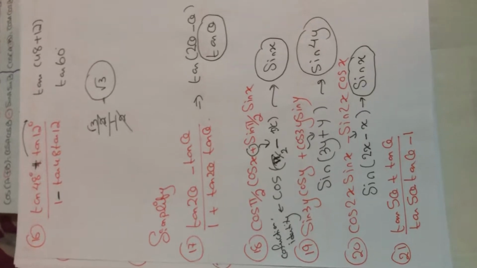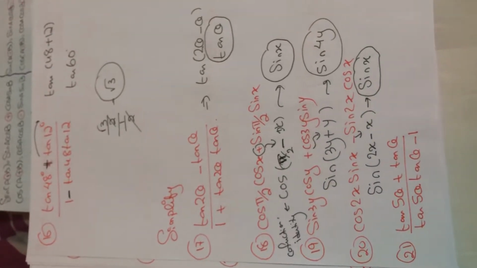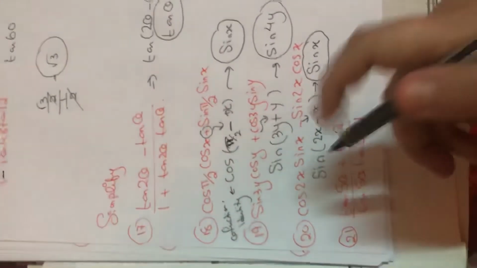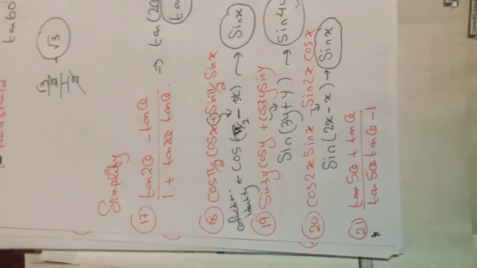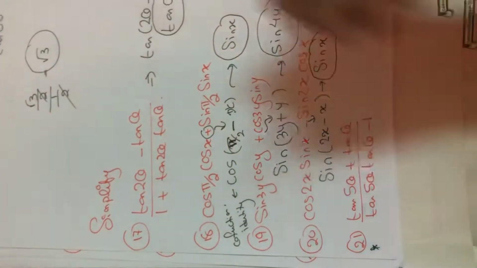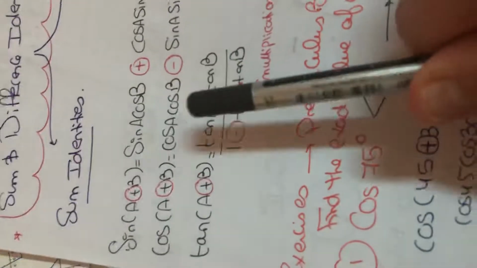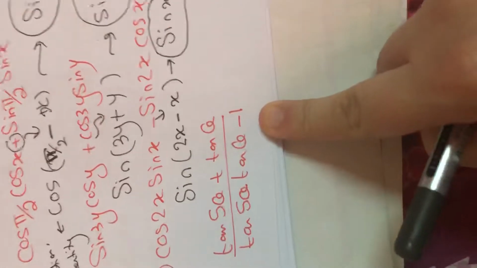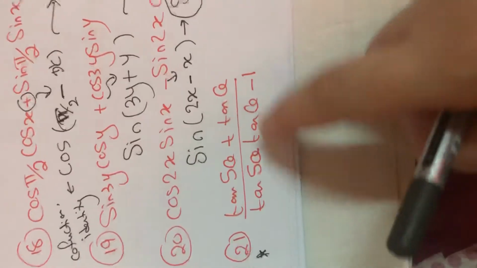Okay, and what else? This one is the one that I told you is a little bit tricky. Why is it a little bit tricky? If you look at the numerator only, you might think that it is this one in here, but this one down, it's 1 minus. And actually I don't have 1 minus here, on the contrary I have the multiplication minus 1.